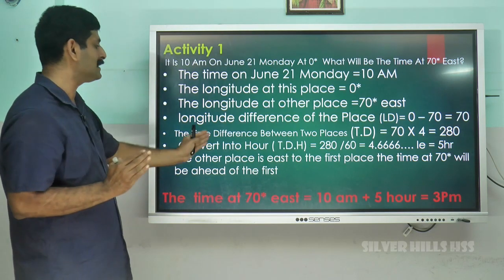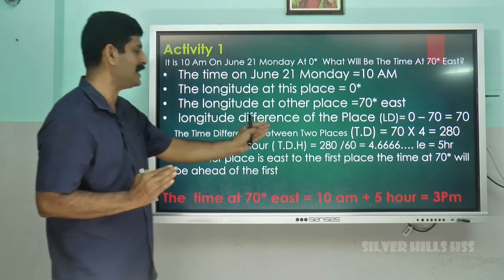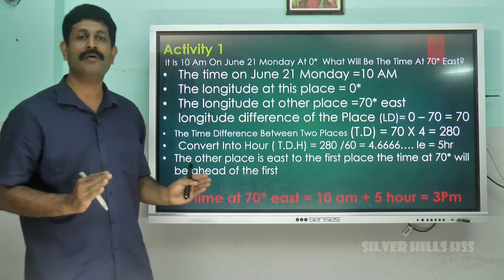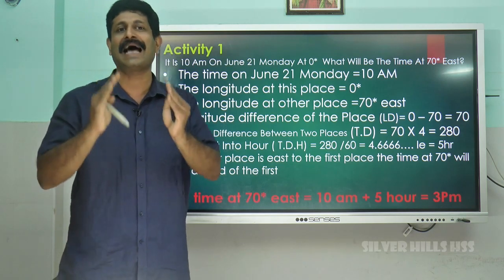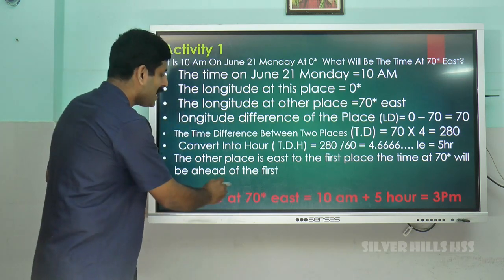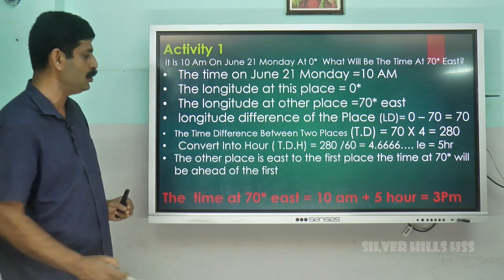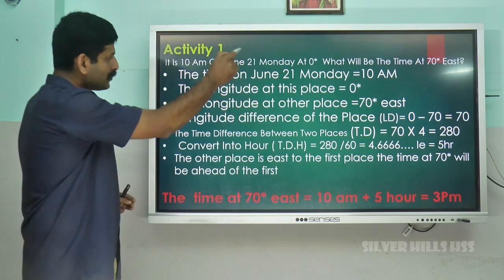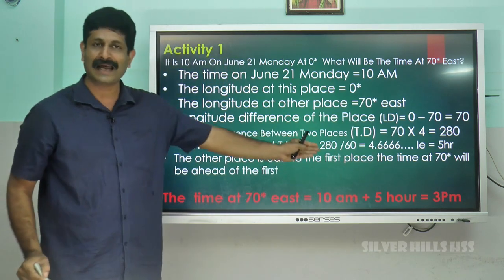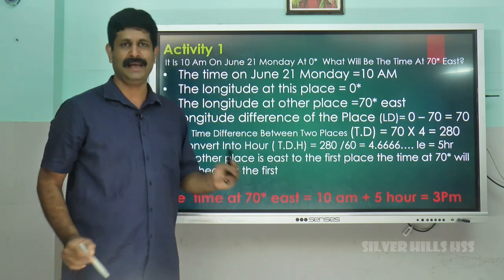The other place in the east will be ahead of the first place. Then the calculation is: the time at 70 degrees equals 10 a.m., the usual time, plus 5 hours. That means the time will be 3 p.m.